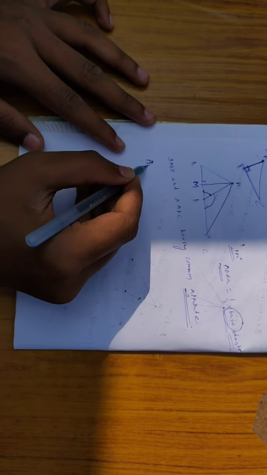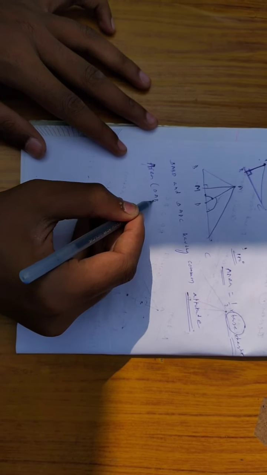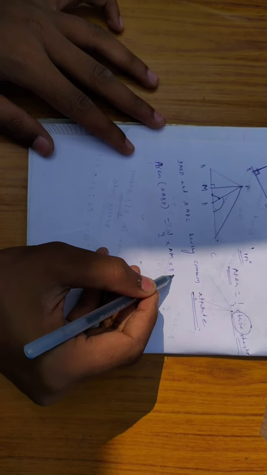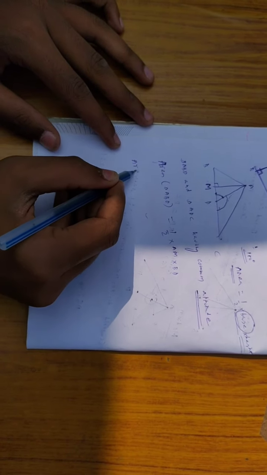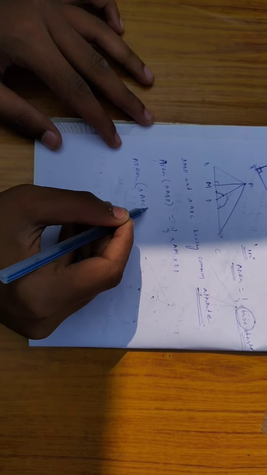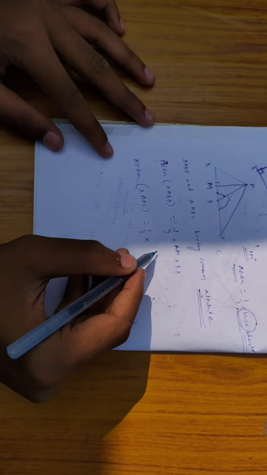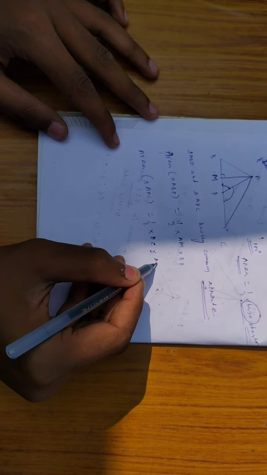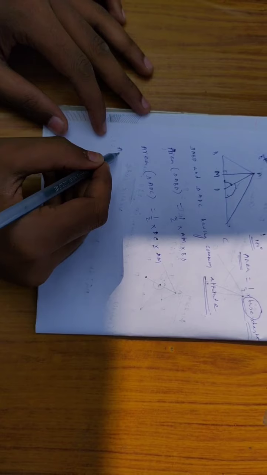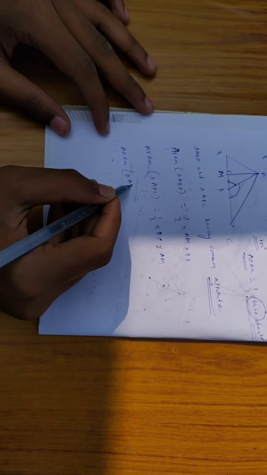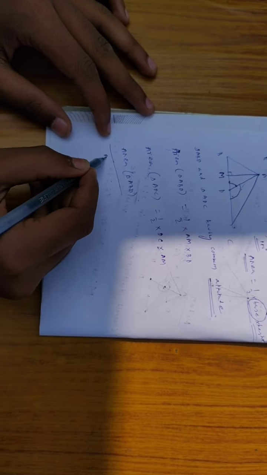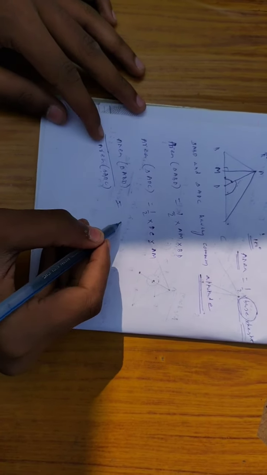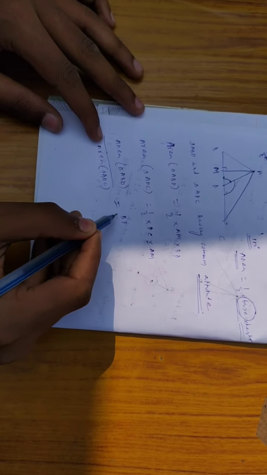The area of triangle ABD is equal to half of AM into BD. In a similar way, the area of triangle ADC is equal to half of DC into AM. So the ratio of the area of triangle ABD by the area of triangle ADC is equal to BD by DC.